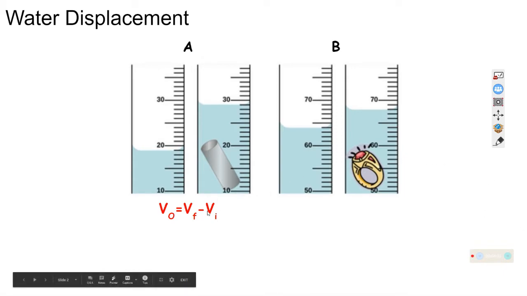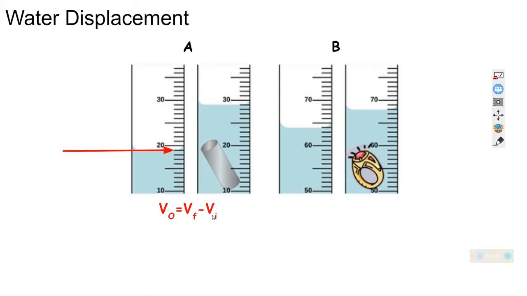VF is the final volume. VI is the initial volume. Our initial volume is right here. That's your VI. What would be the volume right here, the VI? Well, VI actually comes out to be 19.0. Everything goes up by 1s and it's right on that line there, so it would be 19.0 milliliters.